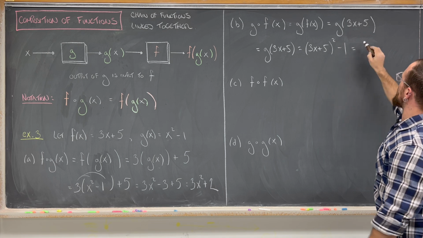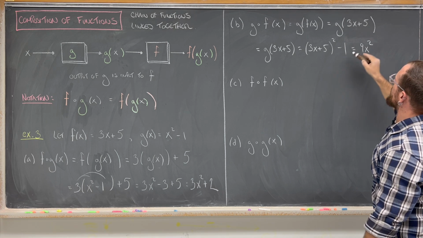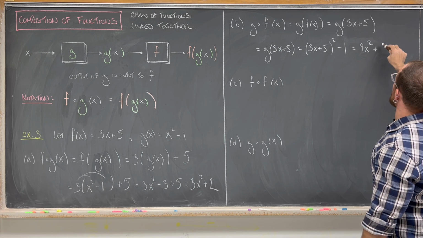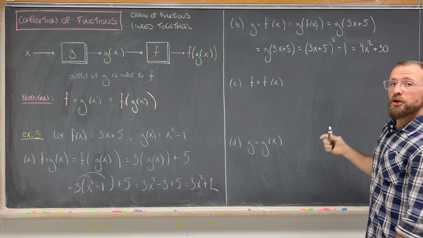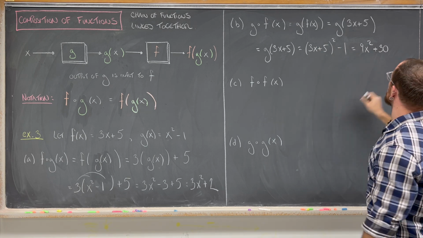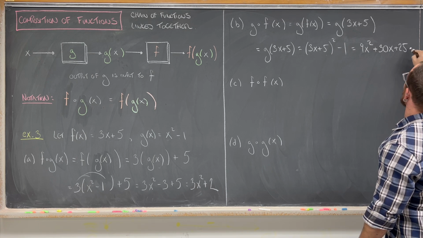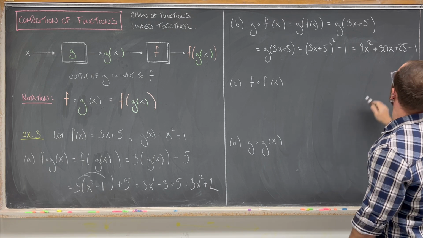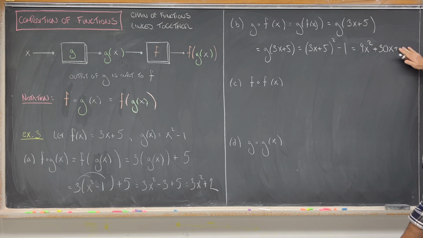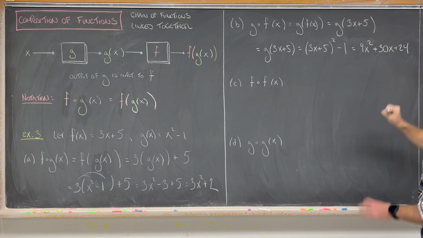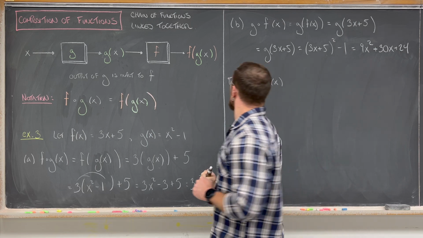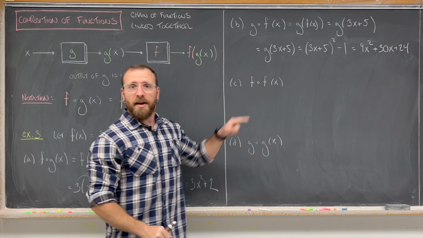When I square this, I'll get 9x squared plus 30x. That's 2 times 5 times 3x, plus 25 minus 1. Well, the 25 minus 1, let's call that 24. And that's it.